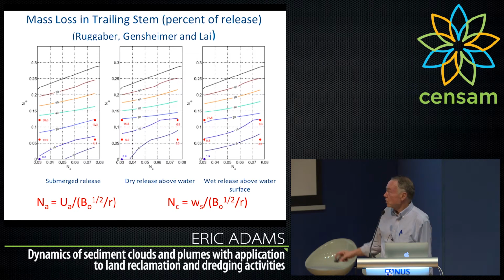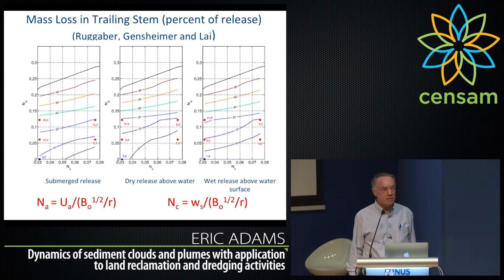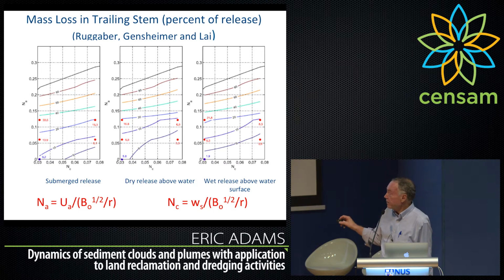And so Adrian, again, has tried to summarize this information. This is the fraction of the released sediment that is found in the trailing stem, and that is vulnerable to being dispersed in the environment when there are waves, currents, turbulence. And that increases, this is 5% all the way up to 100%. These are different release conditions.